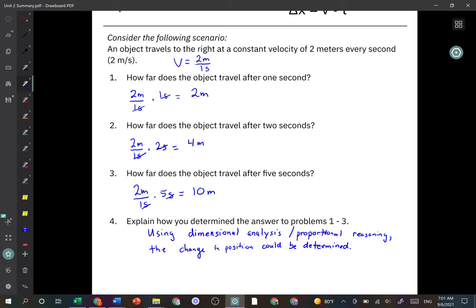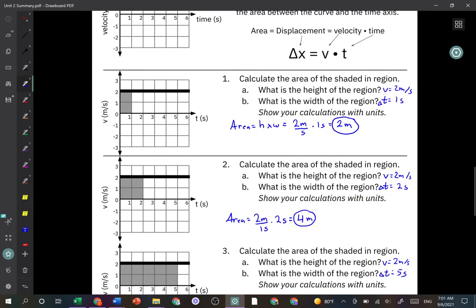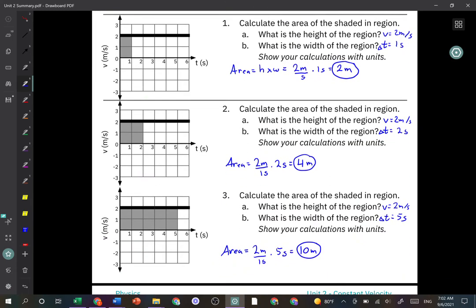In the first 2 seconds of travel, we had a change in position of positive 4 meters. And in the first 5 seconds, we had a change in position of positive 10 meters, which is going to line up with our displacement method by looking at the area between the curve and the time axis on a velocity versus time graph.